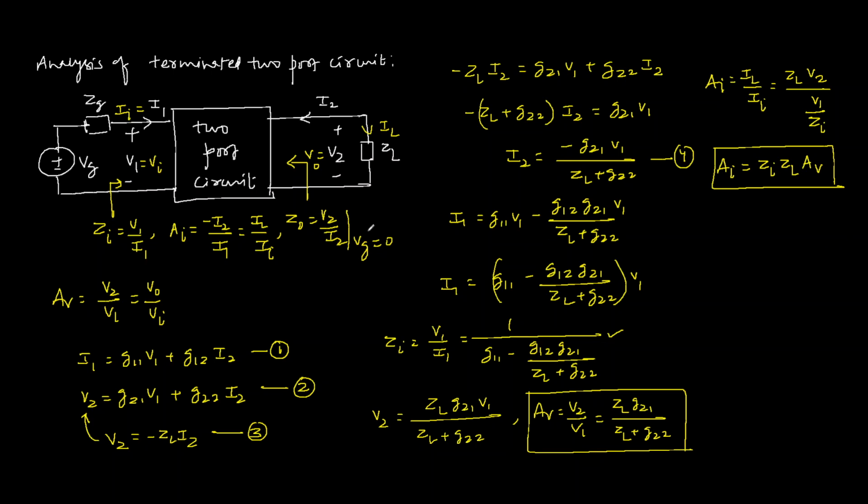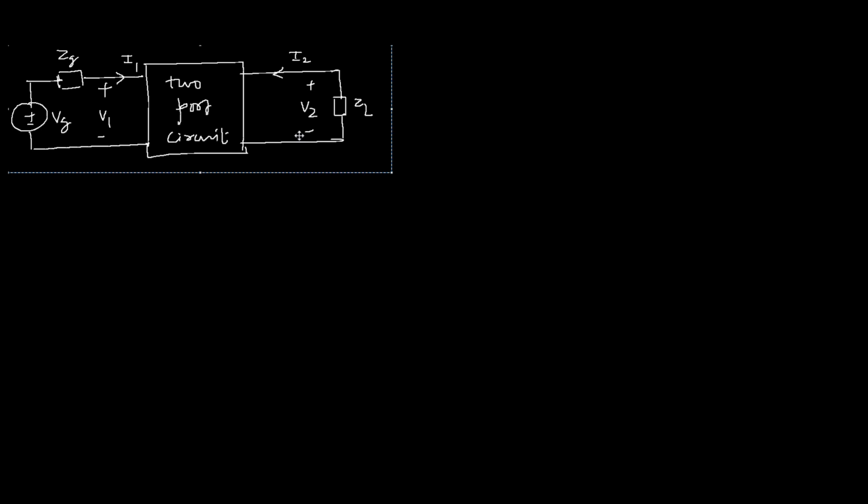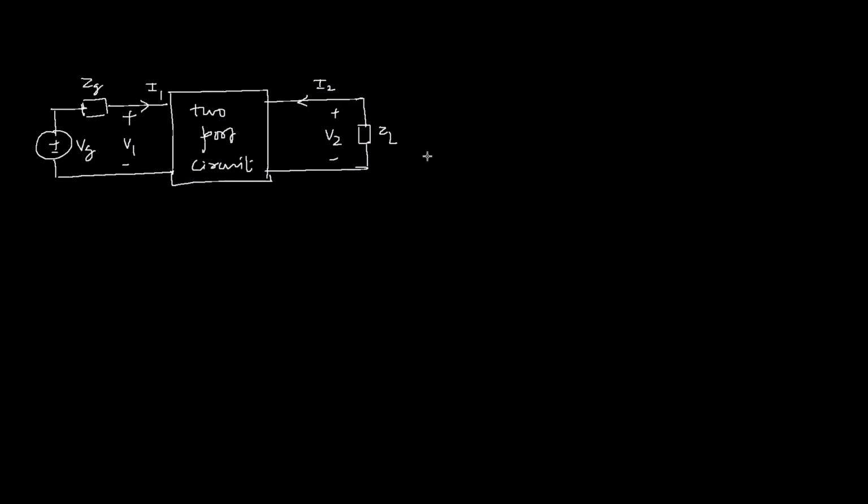Now we have to find the output impedance. To find the output impedance looking from port 2, we will first remove the load impedance and make the external voltage source 0. So if the external voltage source is 0, then this path is short circuited.